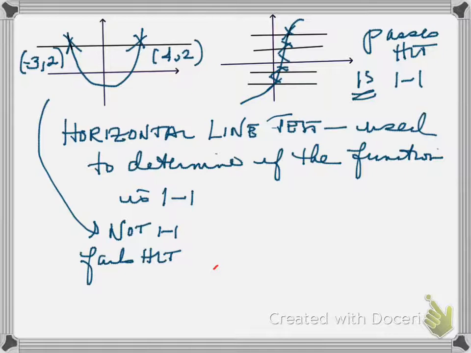And you'll notice that each time I wrote the ordered pair, which lies along this horizontal line, I had to use the same y value. Horizontal lines all have the same y values, so that's why they show a graph that would fail the horizontal line test and therefore not be one-to-one.